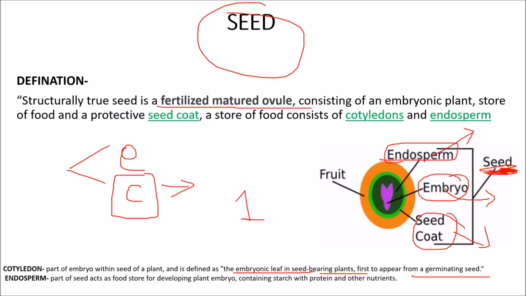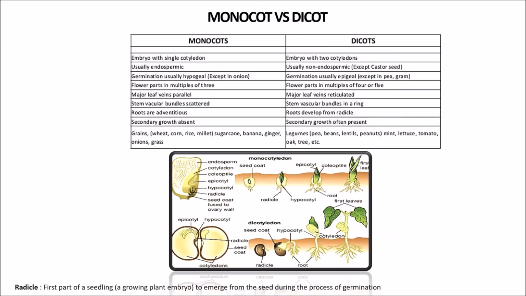So, the first emergence is of the cotyledon. And what is the endosperm? As we have already talked about, it acts as a food storage house for the developing plant embryo, and consists of starch with proteins and different nutrients.